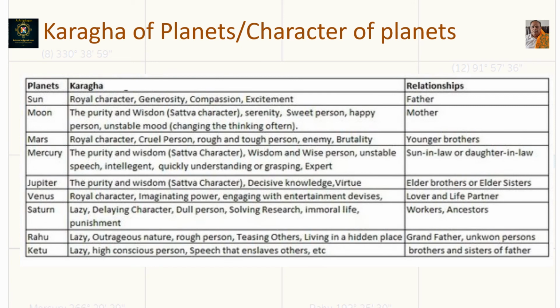And these are the Karakas of the planets. The Sun is royal character, generosity, compassion, excitement, and refers to father.